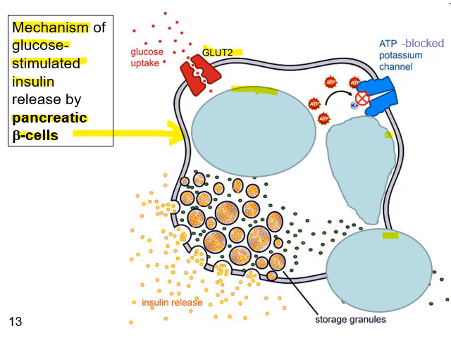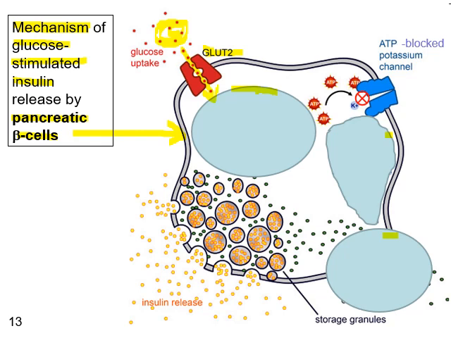These are glucose transporters. They are uniporters. They do facilitated diffusion of glucose from the blood and the extracellular fluid into the cell.